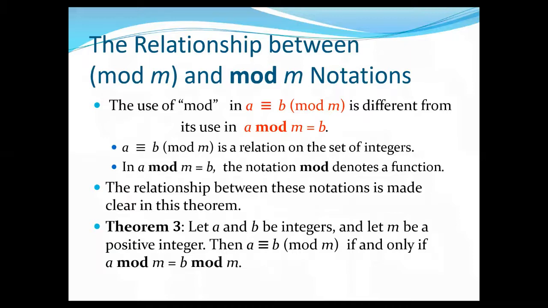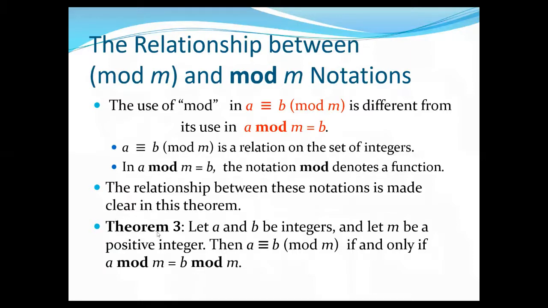So that's the difference between the two. Even though we are using the same words, the notation is different, so it means something different. But there is a relationship between the congruency and mod m.